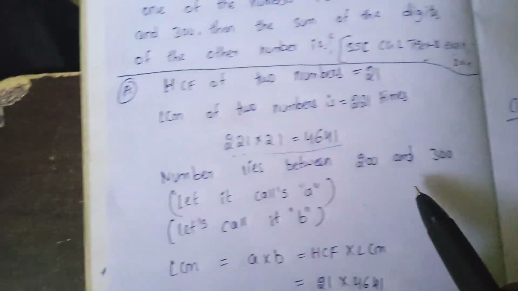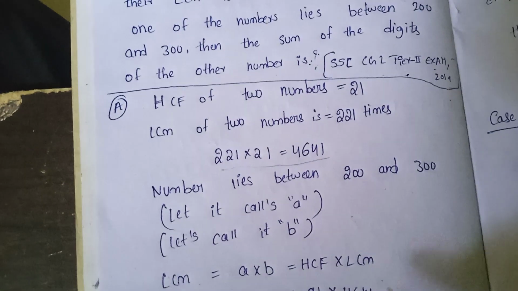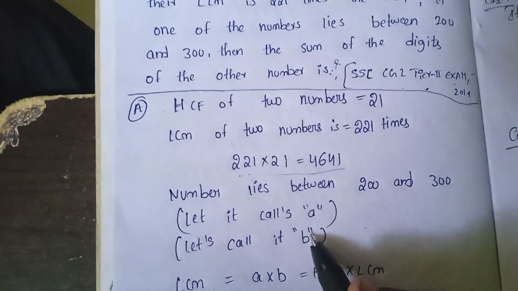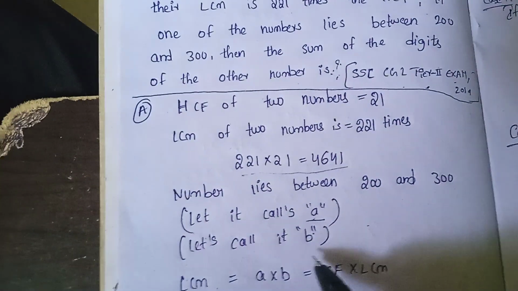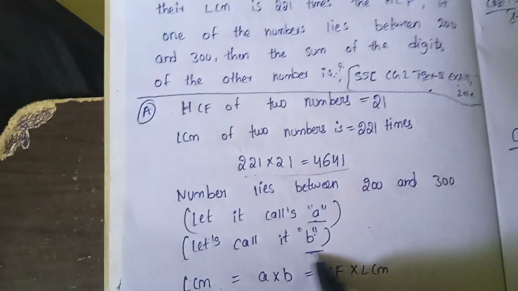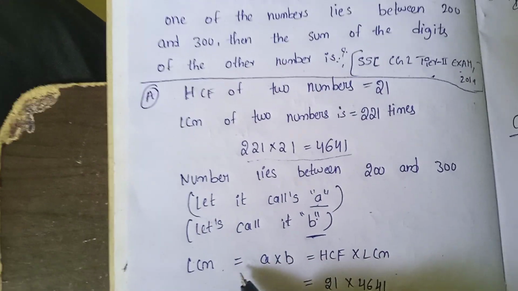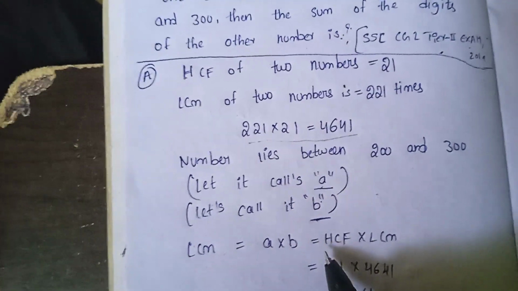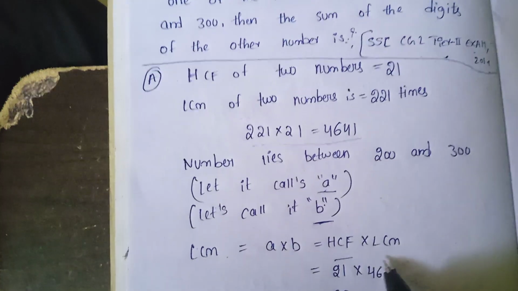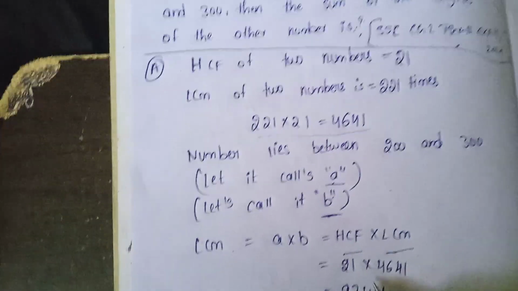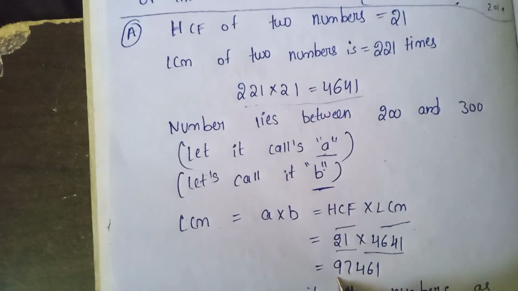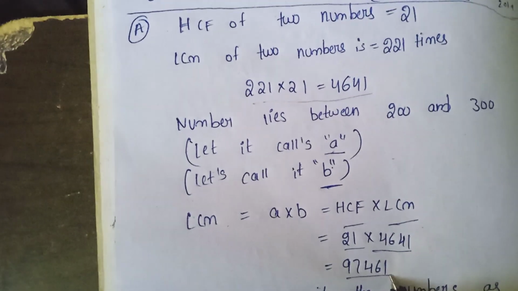So we assume one number is A and another number is B. For example, the product of LCM and HCF is equal to A into B, which is 221 into 21 into 21, giving 97461.